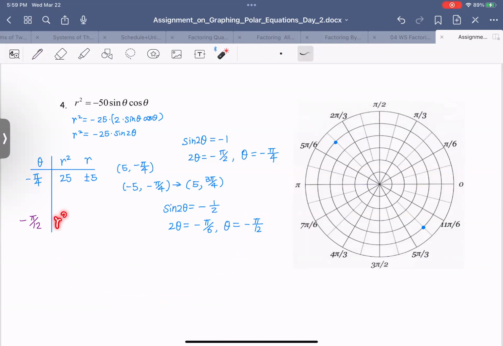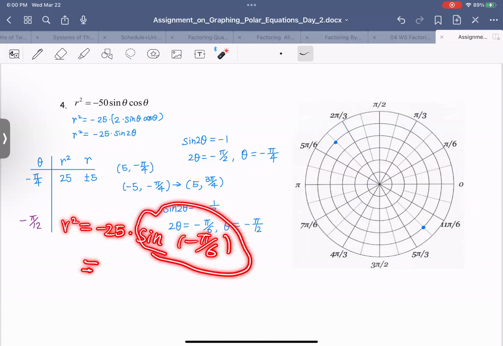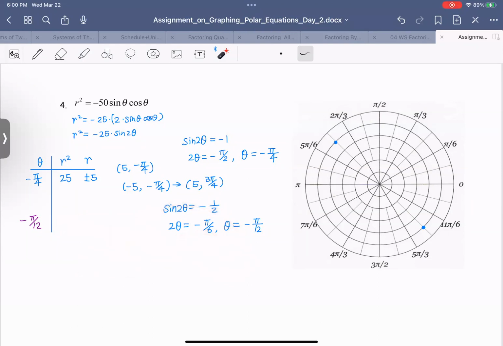Then tell me what r squared becomes this time. R squared is negative 25 times sine negative pi over 6, which is negative 0.5 times negative 25. This is 12.5. And then you want to take the square root.